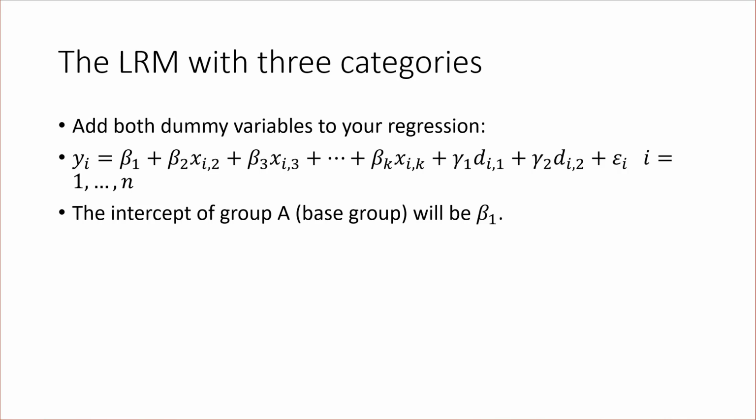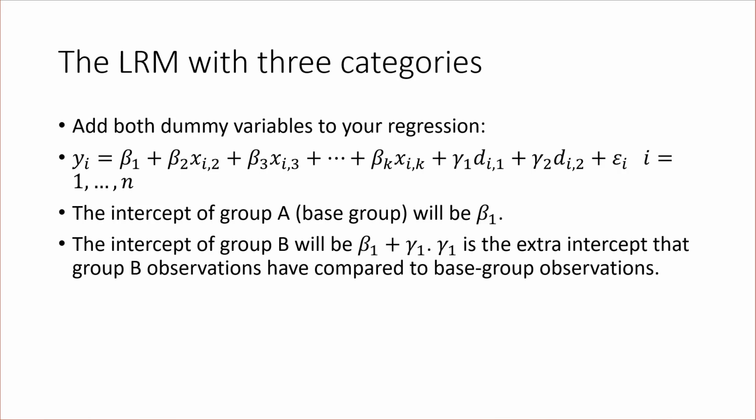Similarly, if we look at group B, they have D1 equal to 1 and D2 equal to 0. So their intercept will be beta 1 plus gamma 1. And that allows us then to interpret what this gamma 1 is. It is the extra intercept that group B observations have compared to the base group observations.